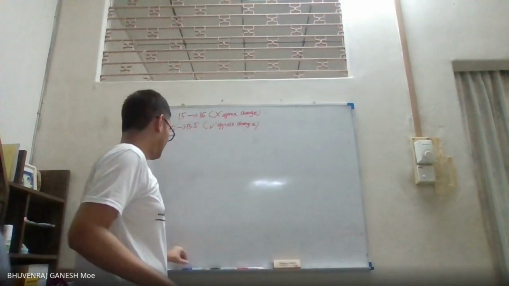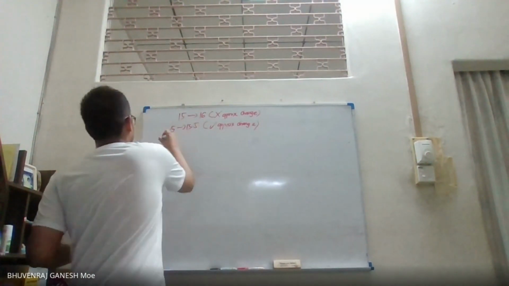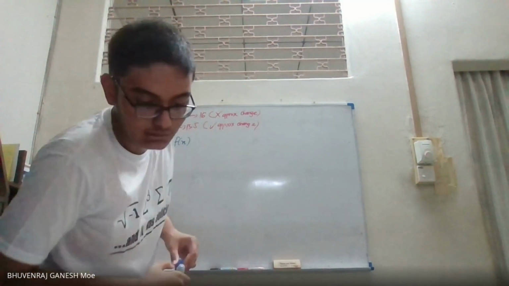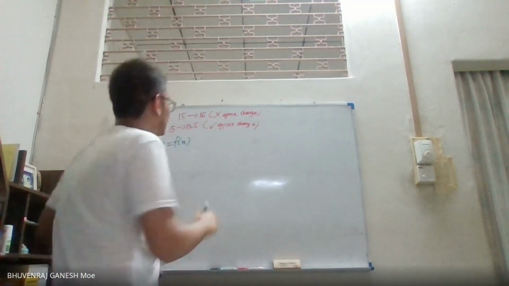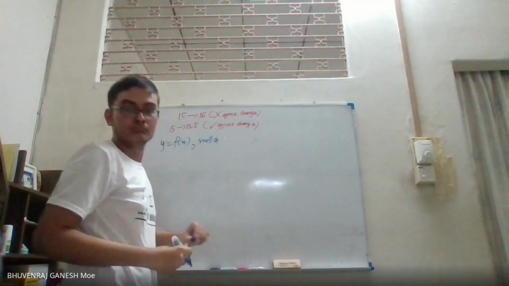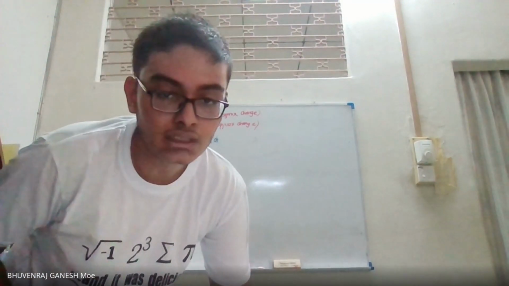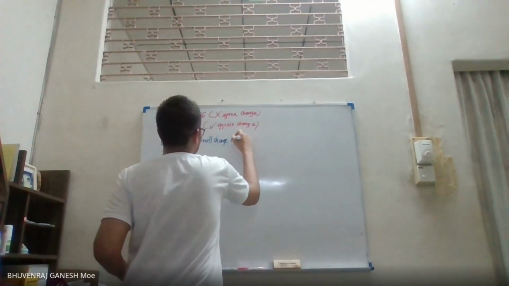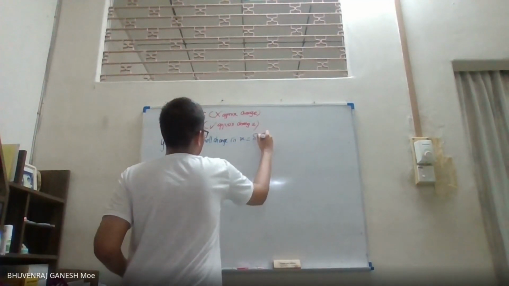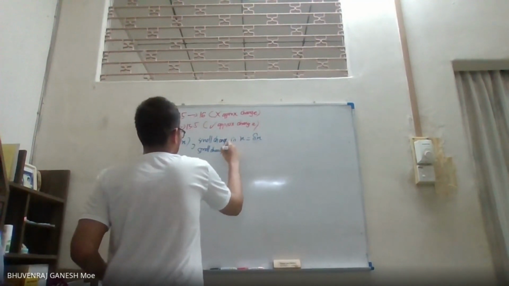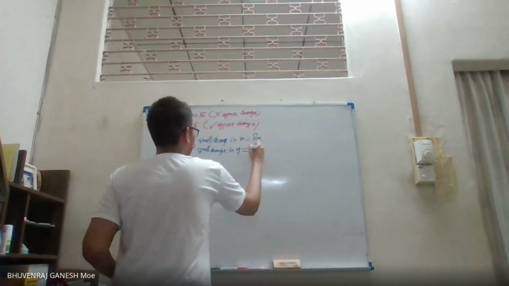Let's say we have an equation y equals f(x). A small change in x we will call delta x, and a small change in y, we will use the symbol delta y.